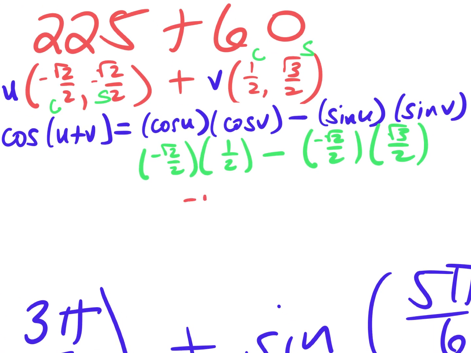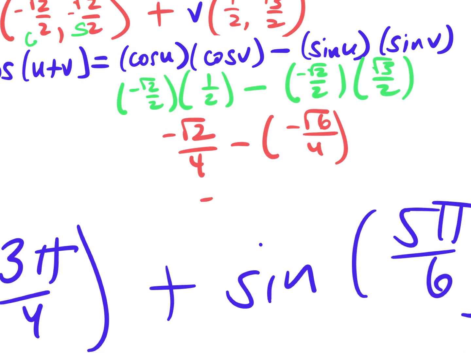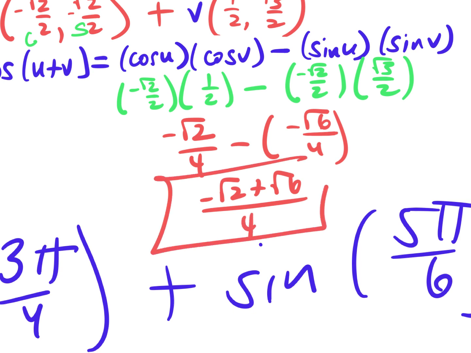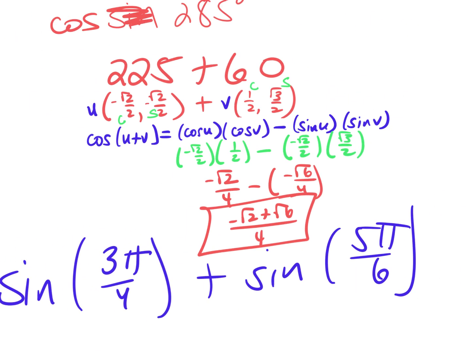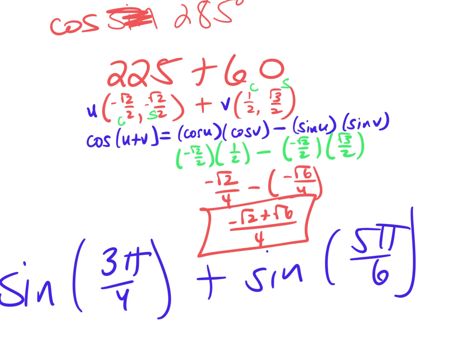This becomes negative root 2 over what? 4 minus negative root 6 over 4. And how do I write that prettier? Okay, so negative square root of 2 plus the square root of 6 over what? 4. Just like that.